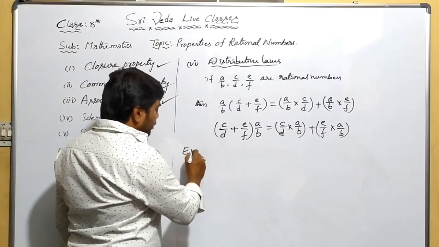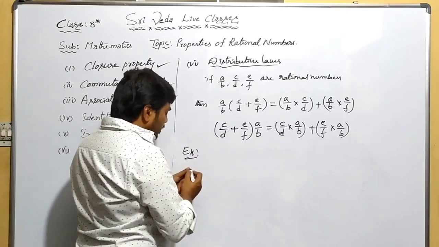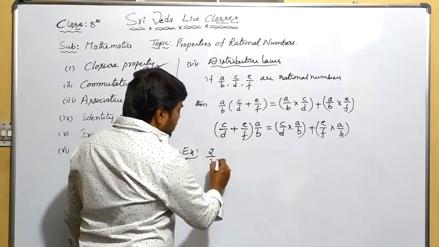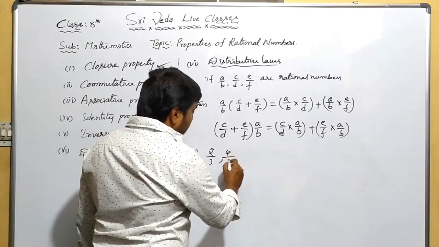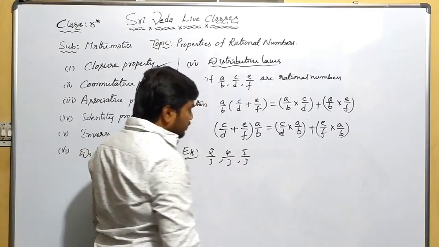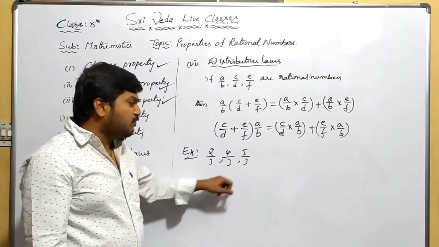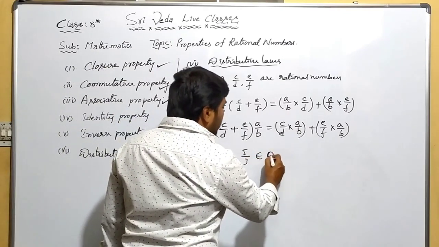See, for example, whether it is satisfied or not. Take 2 by 3, 4 by 3, 5 by 3. You see that 2 by 3, 4 by 3, 5 by 3 are rational numbers.